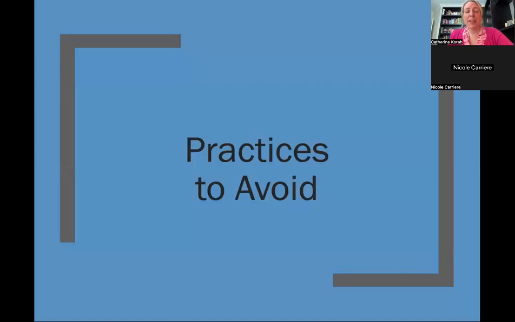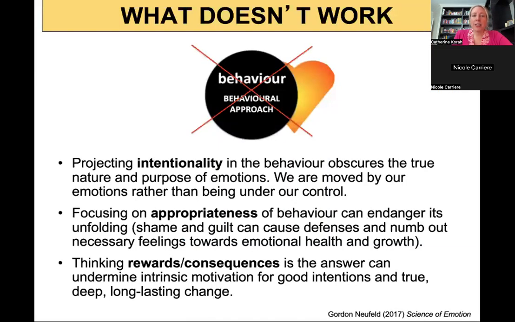But before we get into what we can do, I first want to talk about those practices that we need to avoid and why. The first element to avoid is approaching behavior through the behavioral lens and trying to project intentionality in the student's behavior, thinking that they're doing this on purpose, focusing on just the appropriateness of the behavior and making the student feel bad because they're inappropriate, and believing that rewards and consequences are the answer.